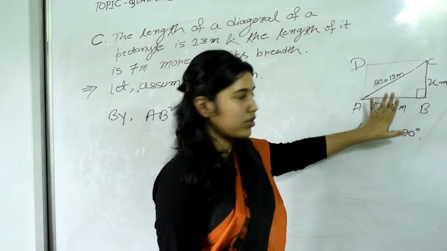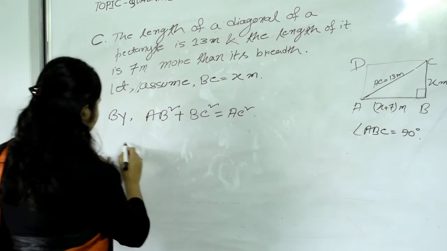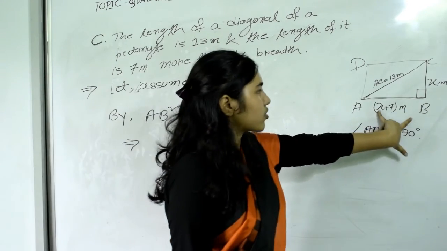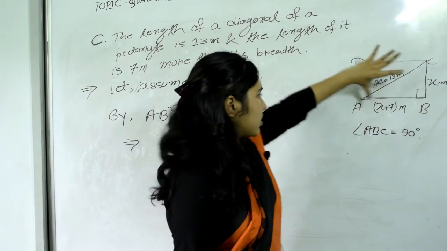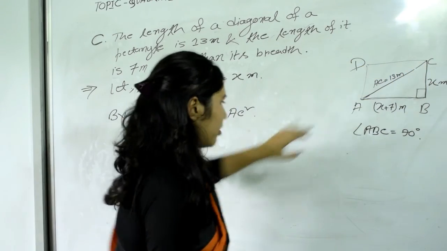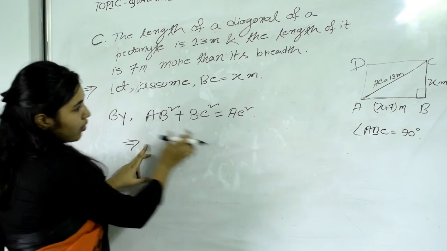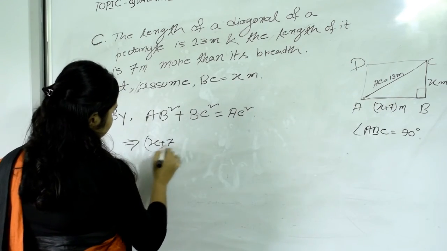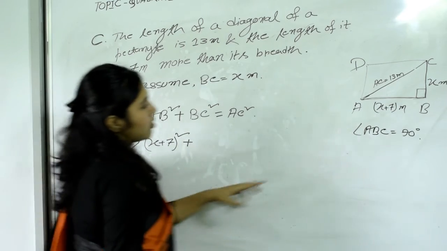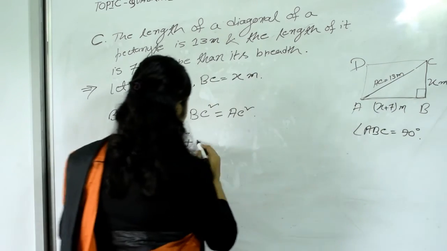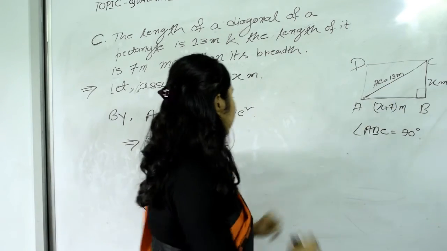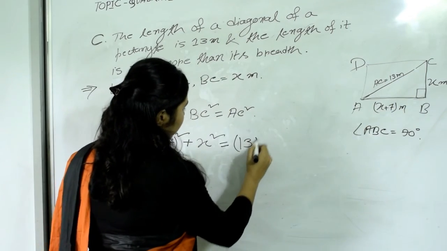By applying Pythagoras theorem, we can write AB square plus BC square is equal to AC square. Now put the value of AB square, which is x plus 7 square, plus BC square, which is x square, is equal to AC square, which is 13 meter. So 13 square.